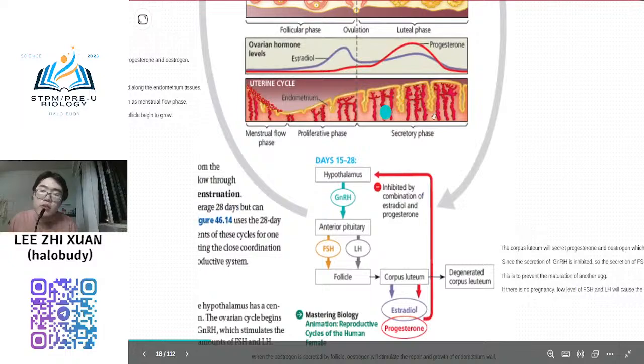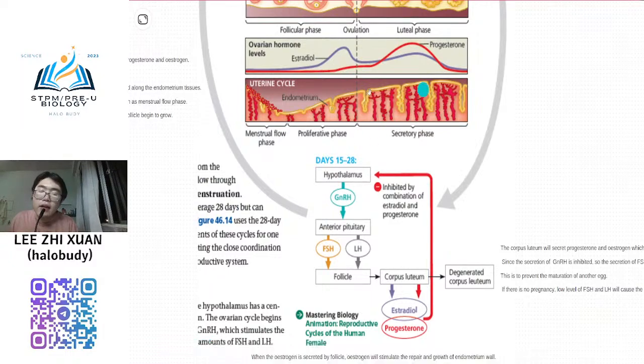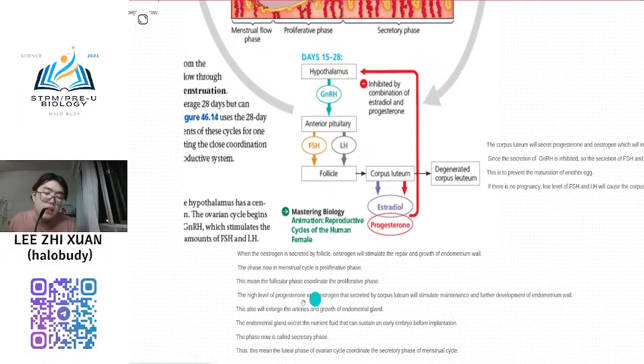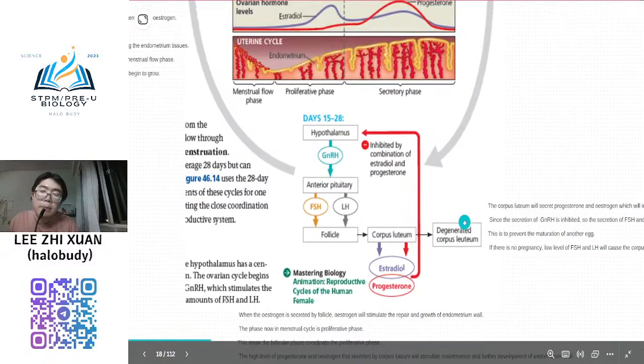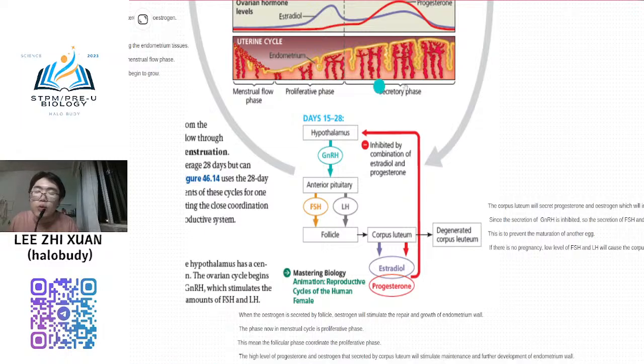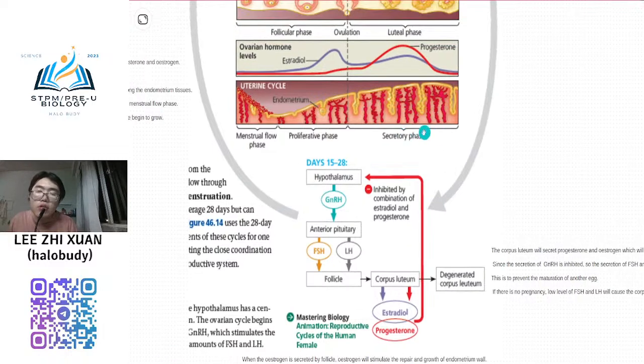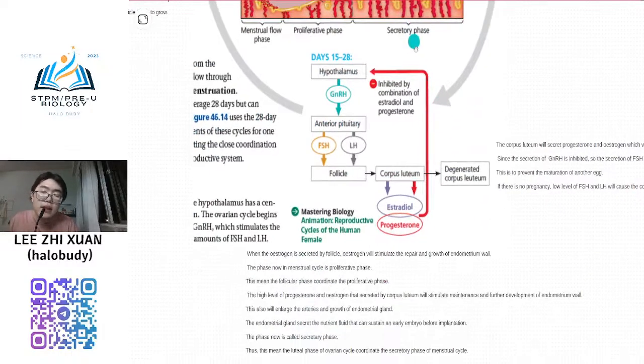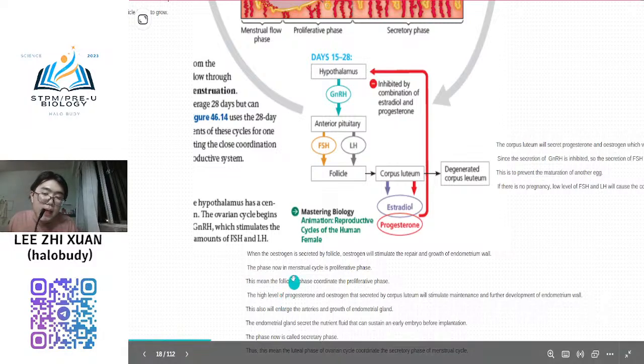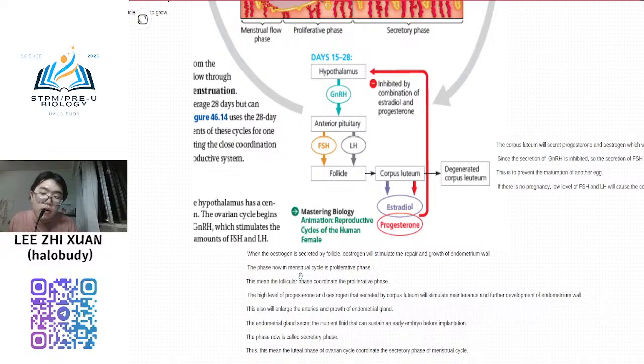So actually you see there are rich blood vessels there. Okay. So now when the progesterone is at the peak, and the thickness of the endometrium wall increases, now it will go to the secretory phase in the uterus. And this means that the luteal phase of the ovarian cycle corresponds to the secretory phase of the menstrual cycle.